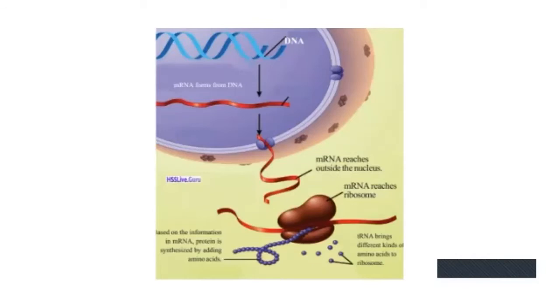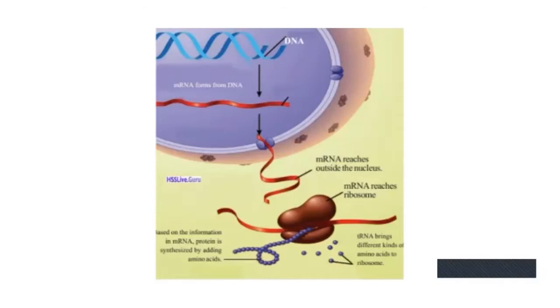When the mRNA with the message that a protein should be produced reaches the ribosome, tRNA, transfer RNA, brings different kinds of amino acids to the ribosome. So different kinds of amino acids are scattered like bead-like structures.